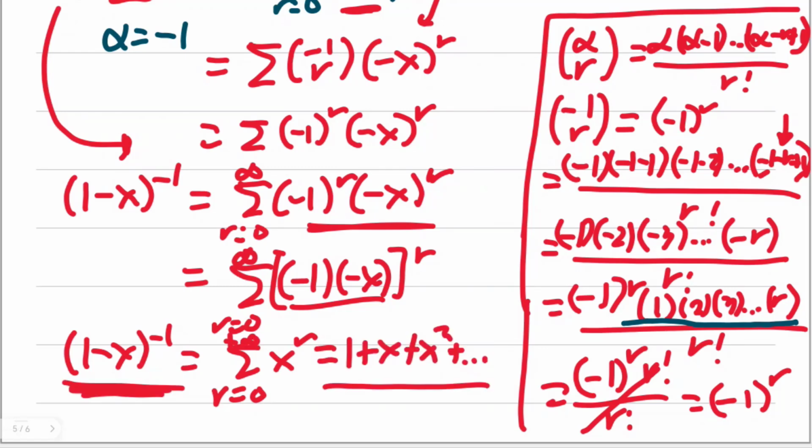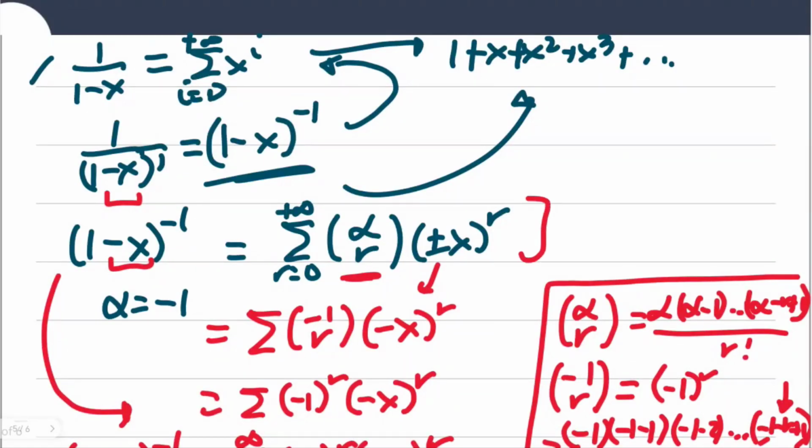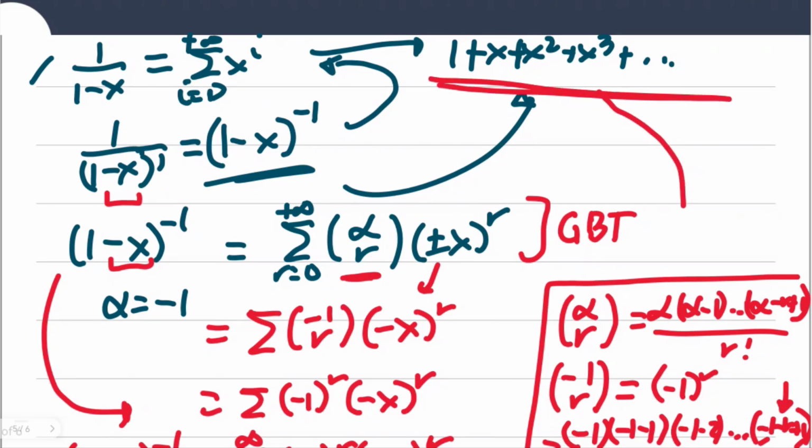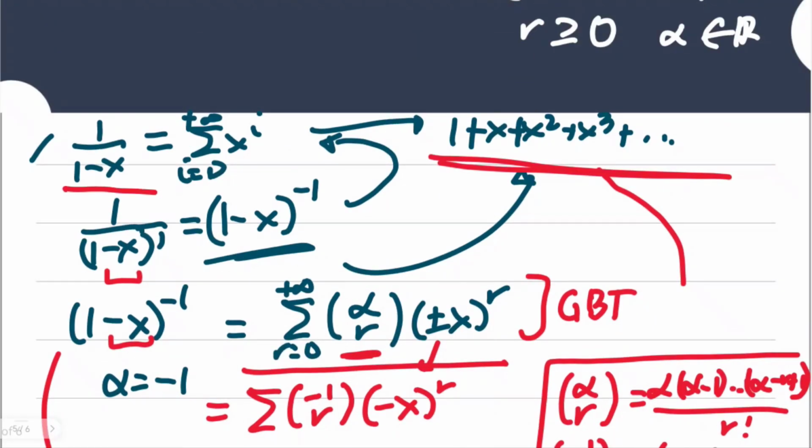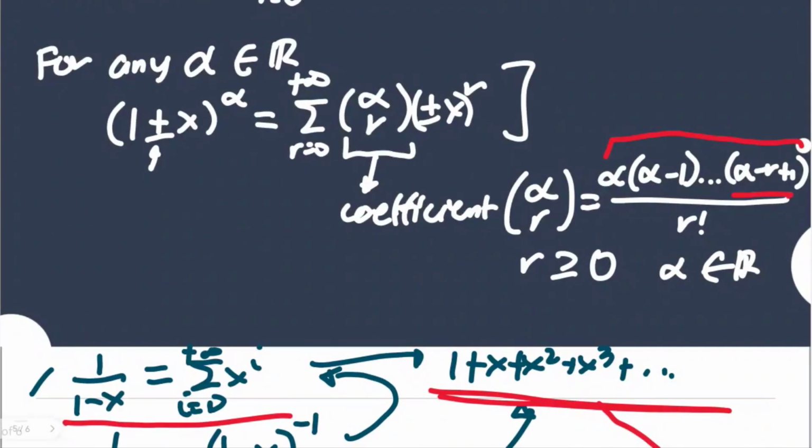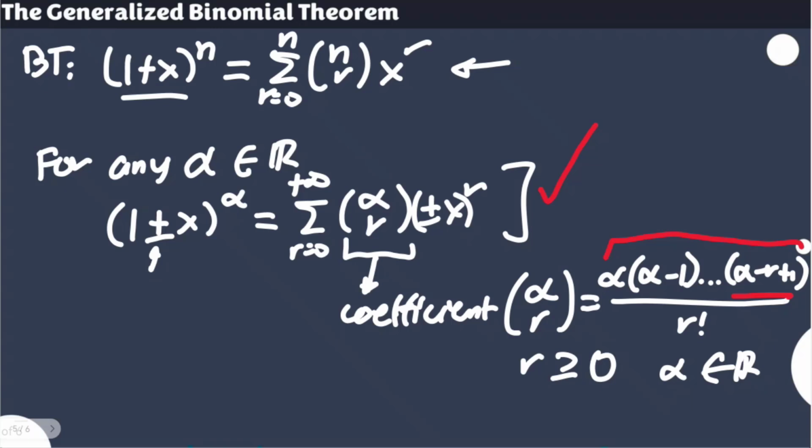And since that is the case, in short, the formula for the generalized binomial theorem is also true, as it also yields the same generating function if we apply the usual identity that we had previously. Okay, that means this is really true, and this could work for all alpha as a real number.